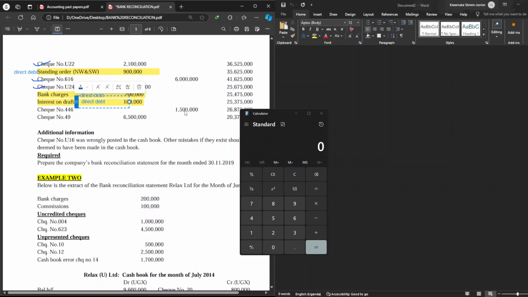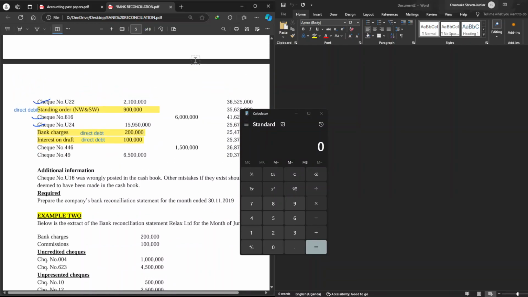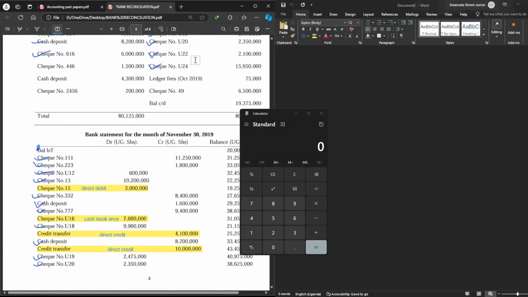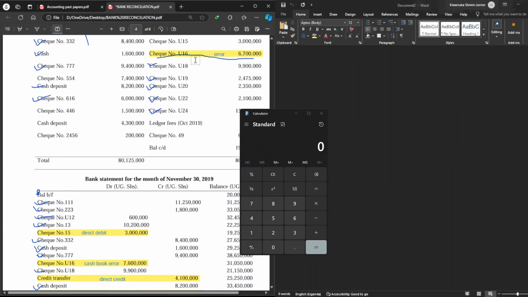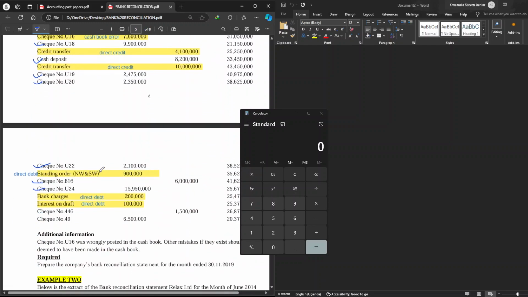Credit side should appear on the debit side. So we check number 446, 1.5 should appear on the debit side. Check number 446, 1.5. We see that it is there. We tick 1.5 debit side.